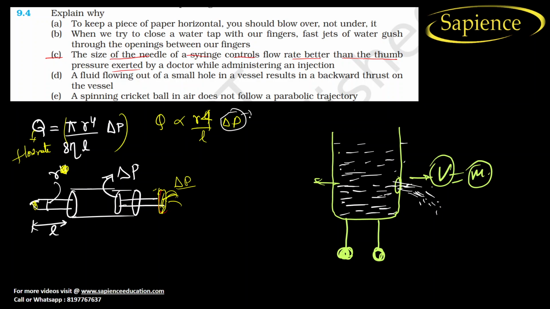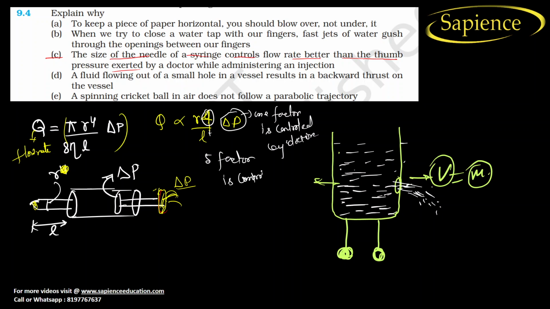Only one factor is controlled by the doctor. But what about the others? The 4 plus 1, that is 5 factors, are controlled by the needle.